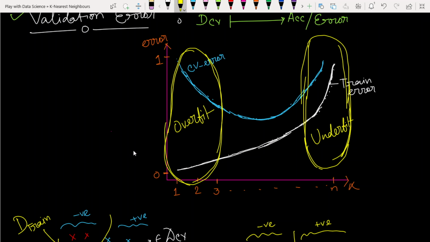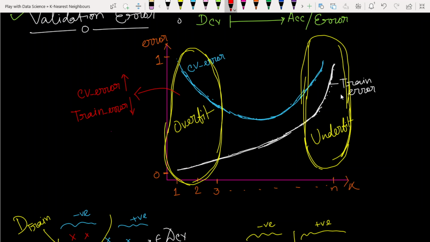So what will we see from the error perspective? In these regions, our cross validation error is high, and in the overfit region our training error is low.